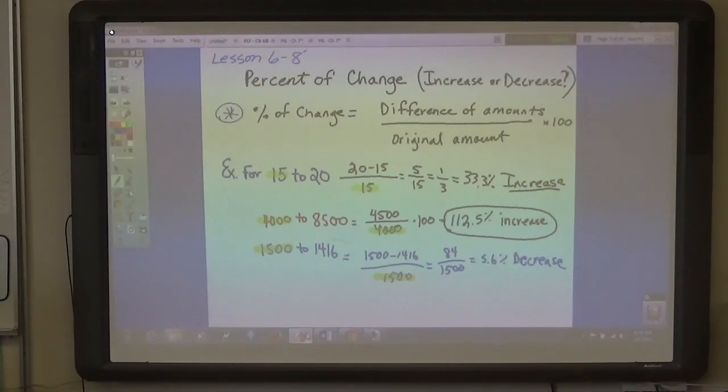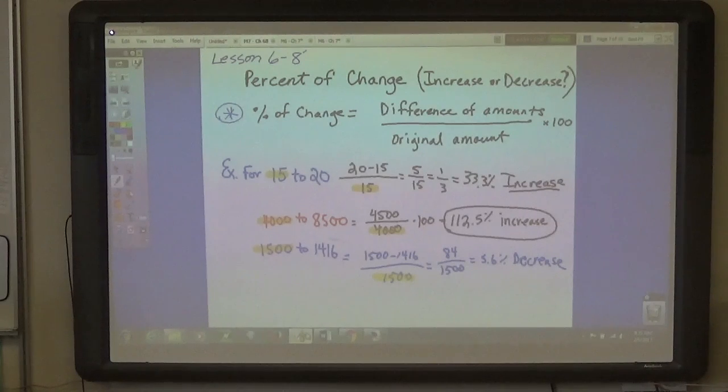What's the last part? To convert the decimal to a percent? Tyler, what was it? Oh, what's the last step? Times 100. Anytime you are converting a decimal to a percent, what do you do, Jeremiah? Times it by 100. Yep.